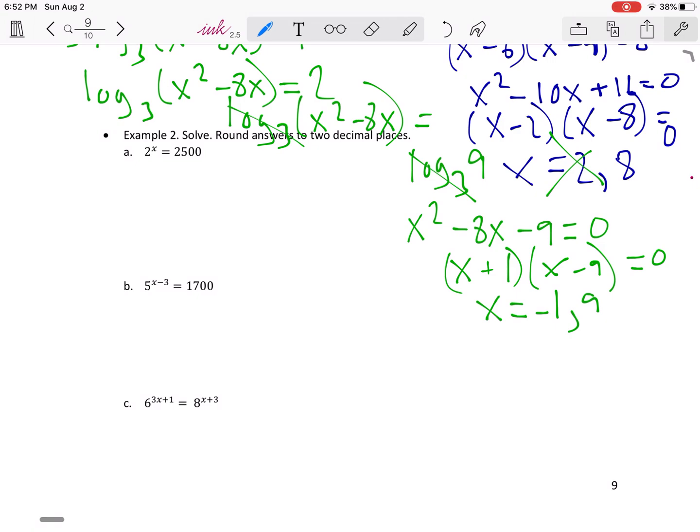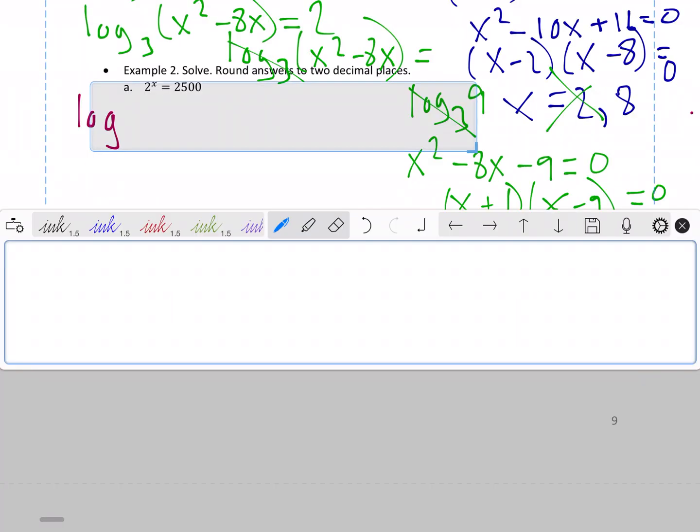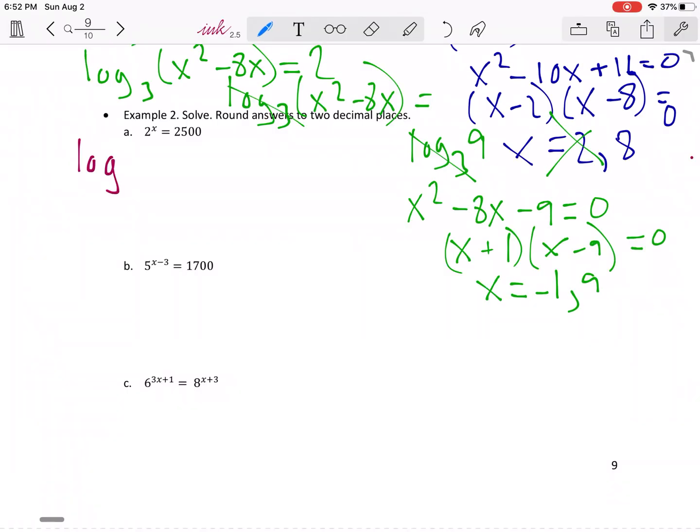The way we do this is we're going to use common logarithms, that's your base 10. What we do is take the log of both sides. So we take log of 2 to the power of x, which is equal to log of 2500.